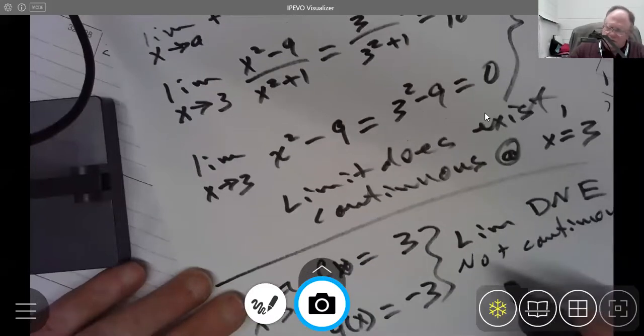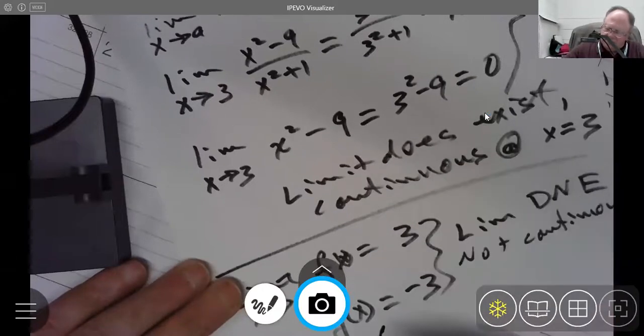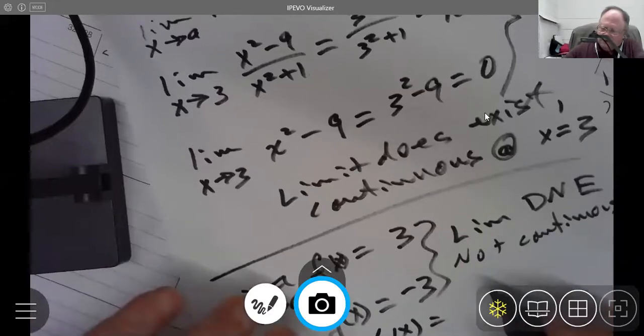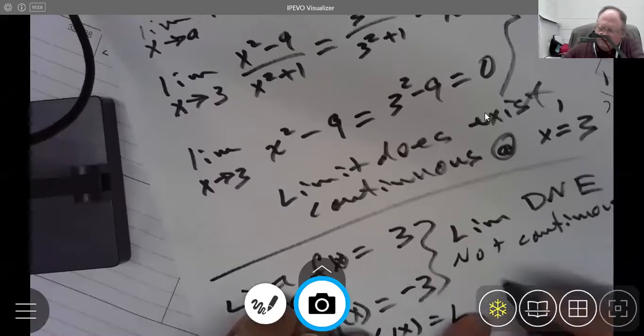And so what you would do is you look at the endpoint. Let's say f of x equal L had an interval from, let's say, 5 less than or equal to x less than or equal to 6, and then the other one was 6 less than or equal to x less than 7.